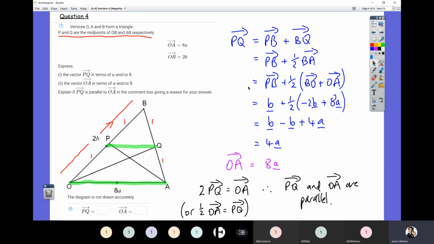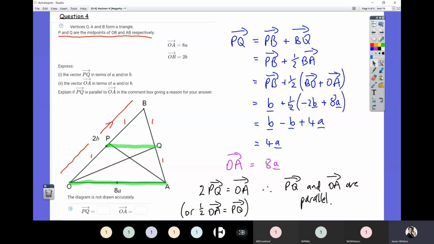Yes, I can, because P to B is half of 2b. So that's obviously just a single b. We've got a b there and a b there, giving us our 2b. So P to B is b, and then I'm doing half of B to O plus O to A. So B to O is going down the 2b the wrong way, so that's a minus 2b, and O to A is my 8a.